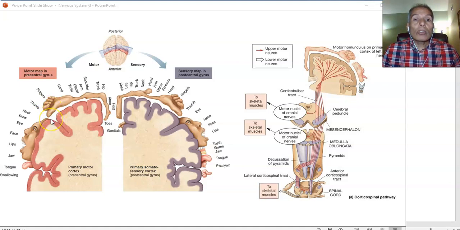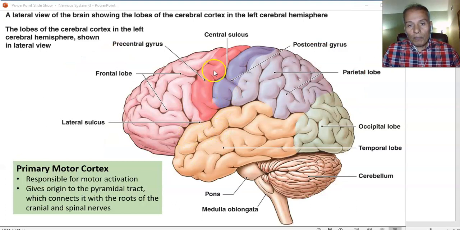And almost 1/3 also, the inferior 1/3 of it, is dedicated to movement of the face and the lips and the nose and the tongue and the vocal folds and all of this. So let's go back here. This is the structure we speak about. The person is sitting here dangling his or her feet between the two hemispheres. Here would be the torso, here the waist, the shoulders, and this area will be dedicated to the hand.